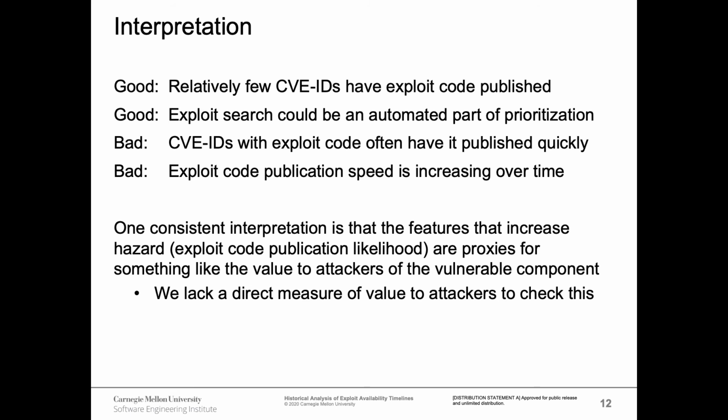Now, one consistent interpretation, although there's no causal information in what we have, is that there's perhaps a latent variable here, and these various things that we've tested for are proxying for that latent variable. And one hypothesis is that latent variable is the value of the vulnerable component to the attackers. This is an important thing for future work to try to study.